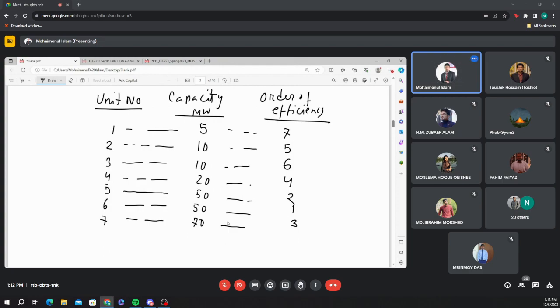So you can make the order of efficiency first and second. The third one is 70 megawatt, like that. The last 5 megawatt capacity unit is a very low efficiency generator. In that scenario, how can you schedule the capacity for your area, for your load? That is the main thing.